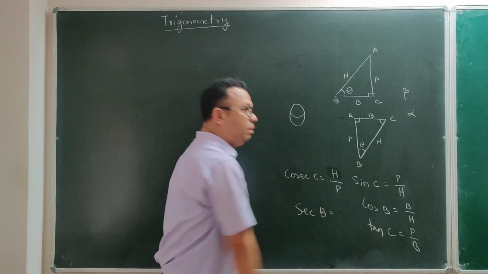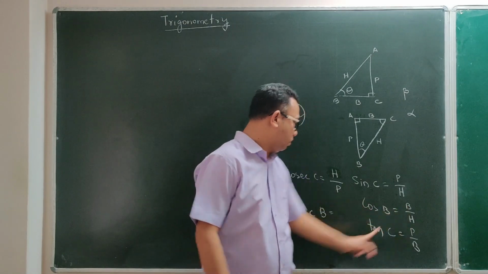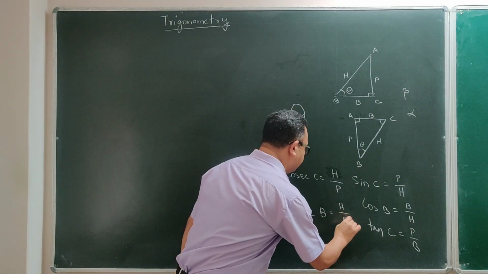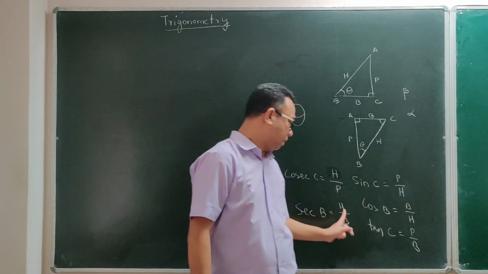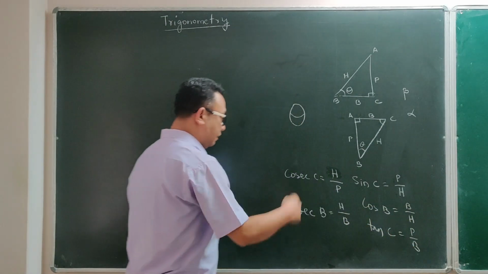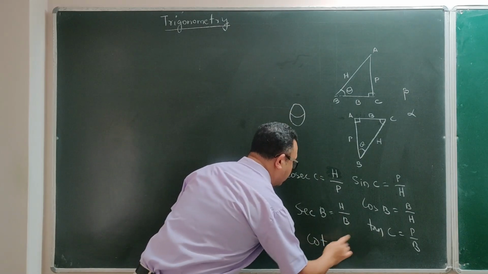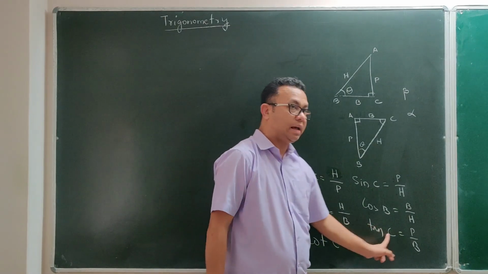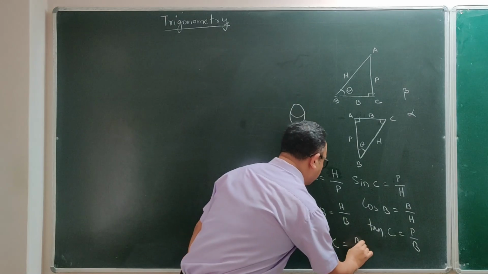Since cos is base by hypotenuse, sec becomes hypotenuse by base, H by B. And in the same way, tan is P by B, and its reciprocal is cot, so cot becomes B by P.